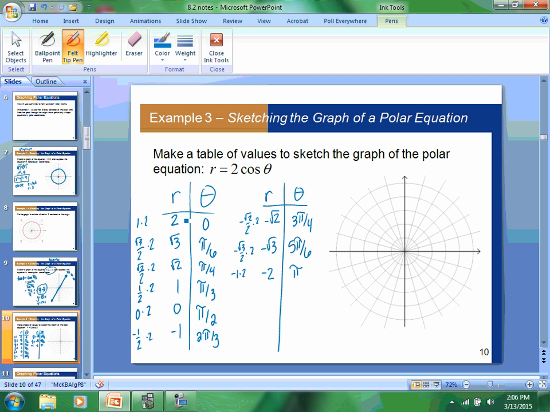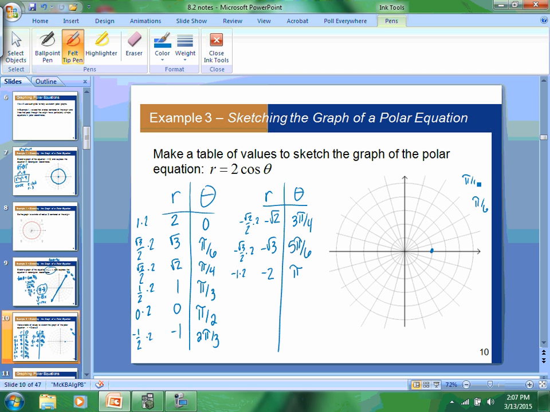So I'm going to start with 2, 0. Now remember, this is 0 degrees, so I'm not moving off the axis at all. And I have a length of 2, so I'm going to start right there. Okay, pi over 6. Now remember, that was actually the second line here.